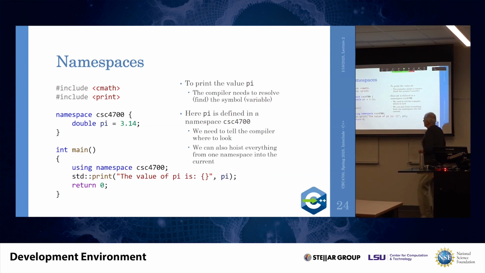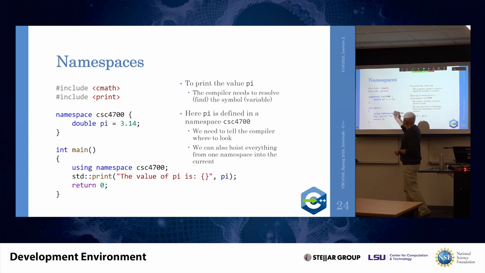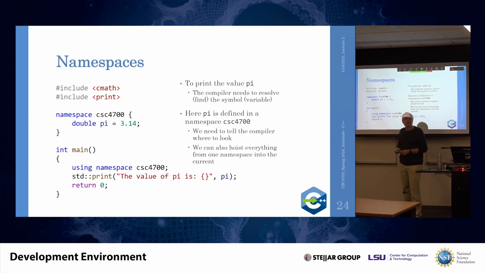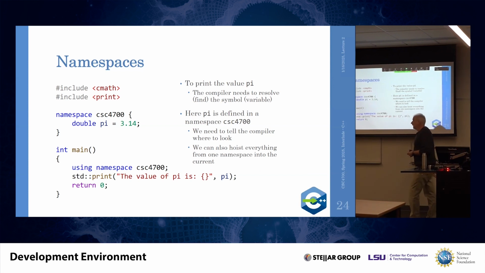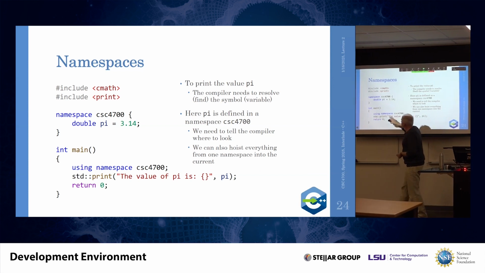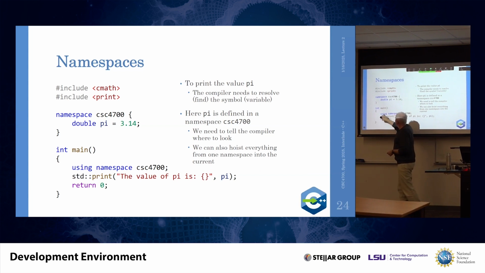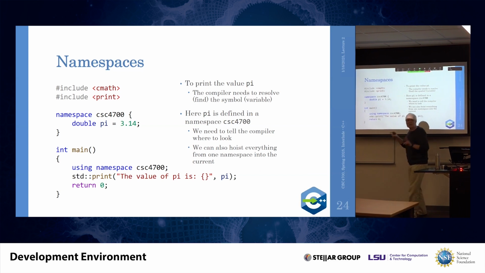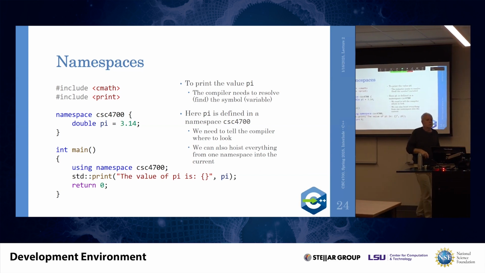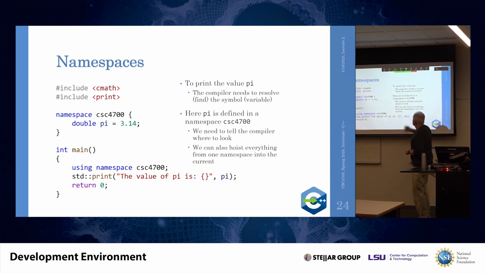The other way to do that, if we have many things that we want to import from a namespace, is to use a using namespace directive, which tells the compiler that inside this scope, from this point on, all names that are defined in that namespace are available as if they were in the global namespace. Okay? So this will work.